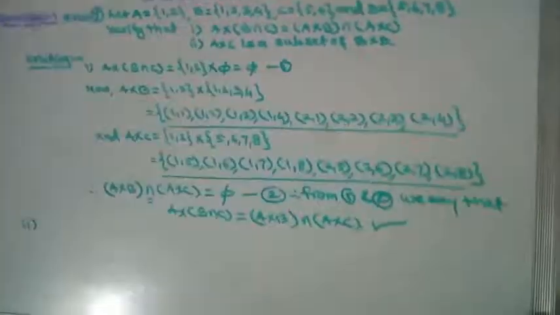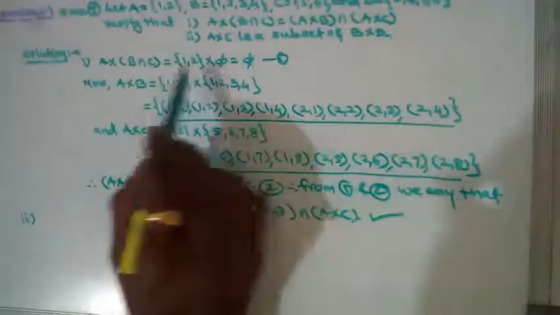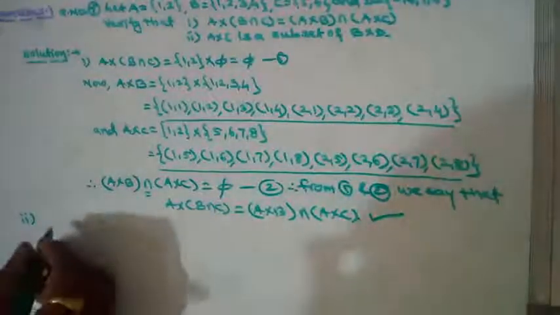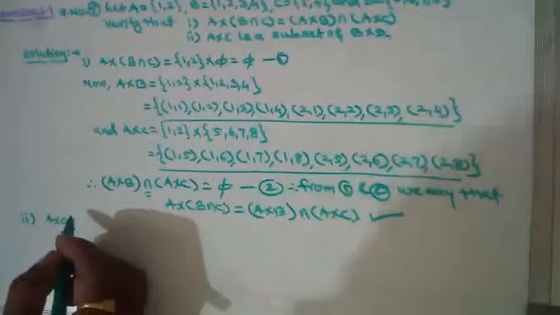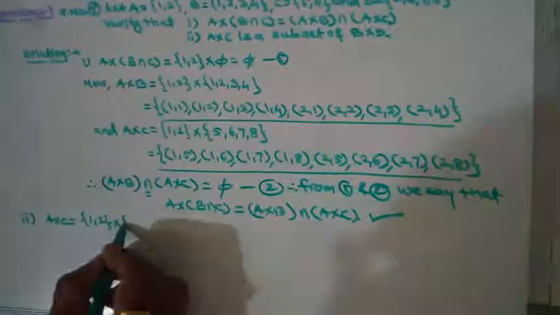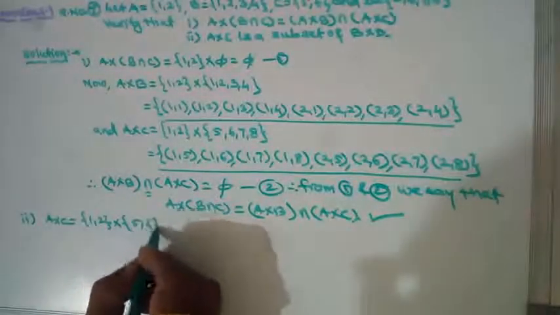See the second one. In the second, we have to show A cross C is a subset of B cross D. So first we find A cross C. A is {1, 2} cross C, and C is {5, 6}.